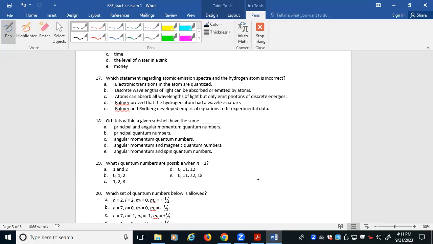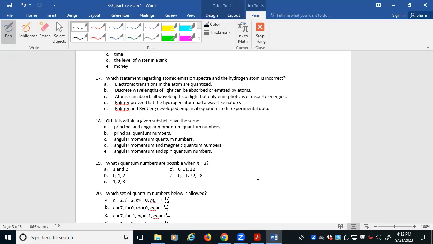Atoms can absorb all wavelengths of light, but only emit photons of certain energies. That's where we're wrong, because that's the exact opposite of what I just said. Remember, if that was the case, think about it. We looked at emission spectra versus absorption spectra, the dark lines versus the bright lines.